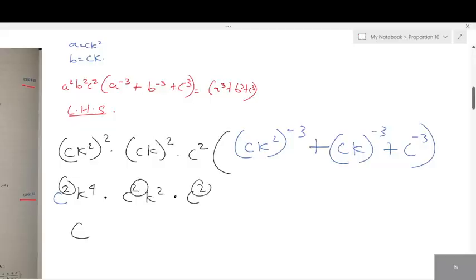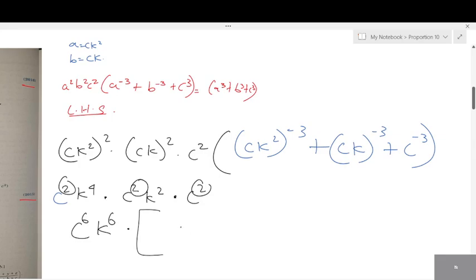Exponent concept. 2 plus 2 plus 2 is how much? For multiplication, you will remember the multiplication rule of exponents. When the base is the same, you add the powers. 6. So C6, K6.